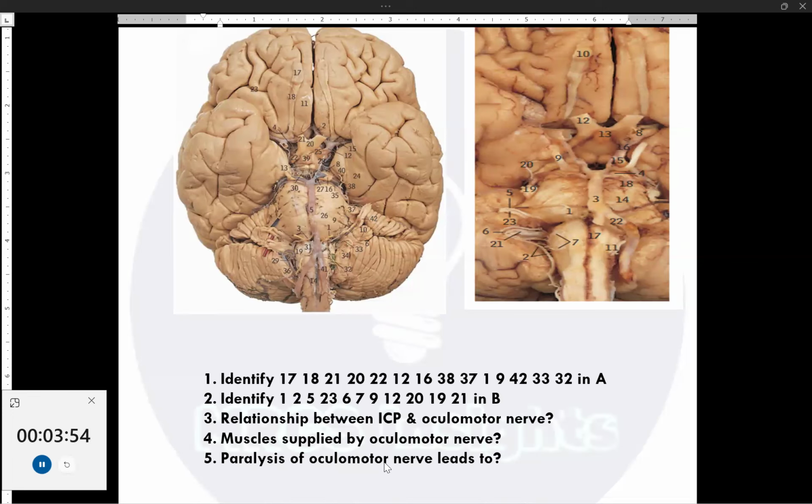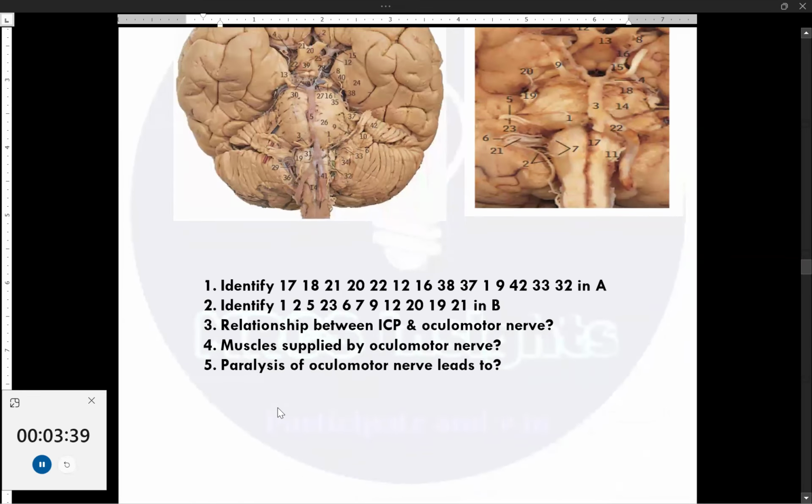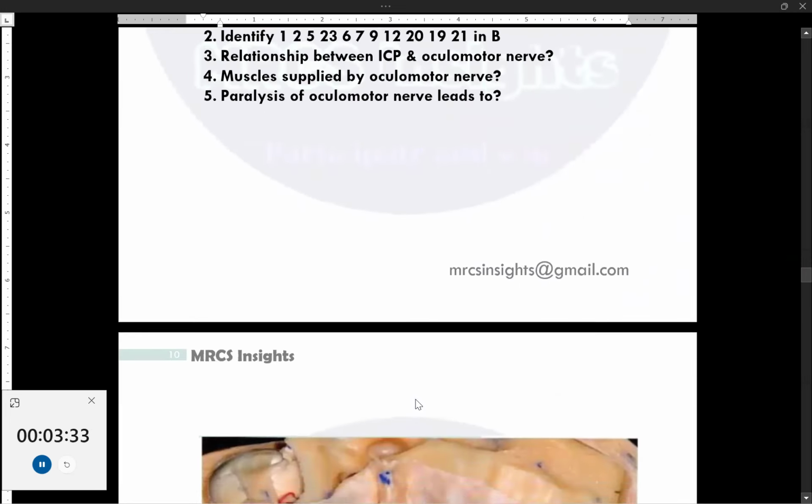Okay. So what is the exact structure against which the oculomotor nerve may be pressed? It is part of the temporal bone. Excellent. So you have already told the features of paralysis of the oculomotor nerve.